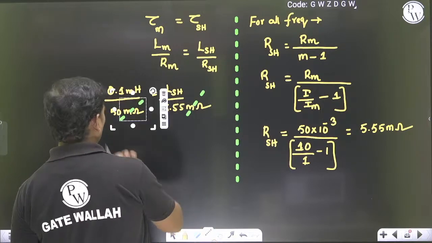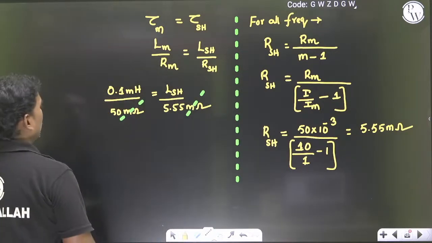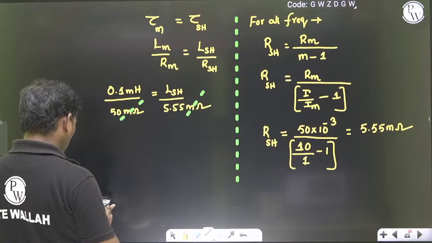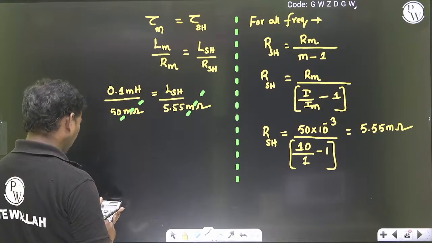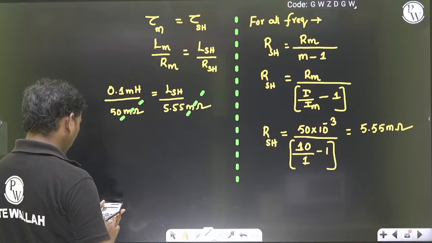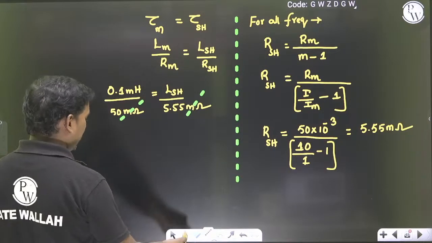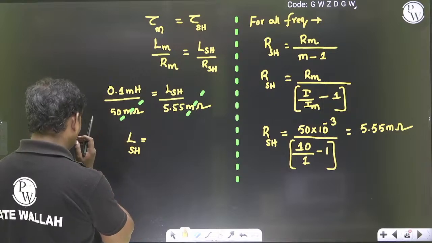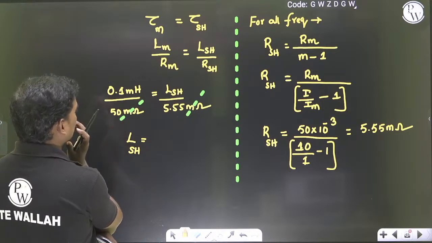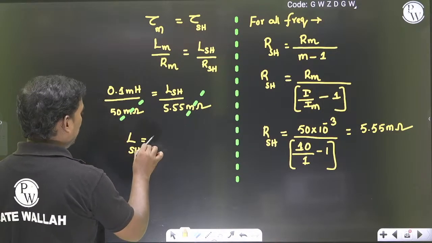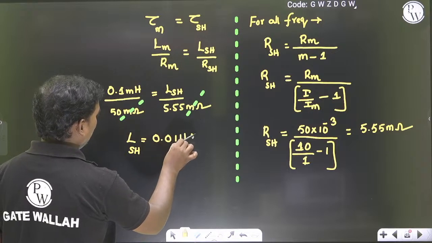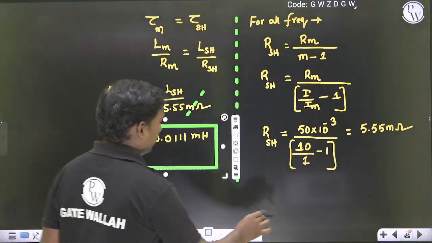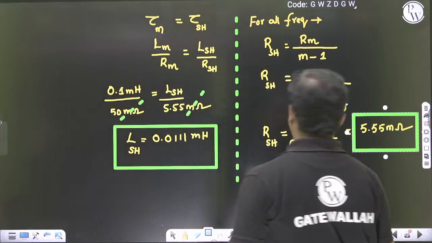So this cancels, and we can get LSH: 0.1 divided by 5. So LSH is coming as 0.0111 millihenry. This is the LSH value, this is the RSH value.